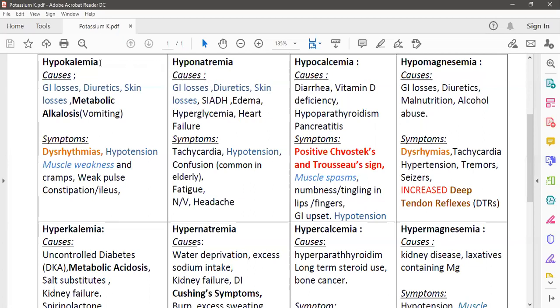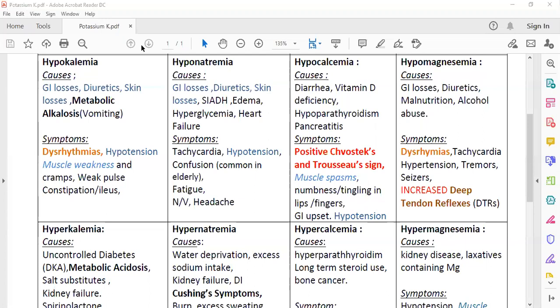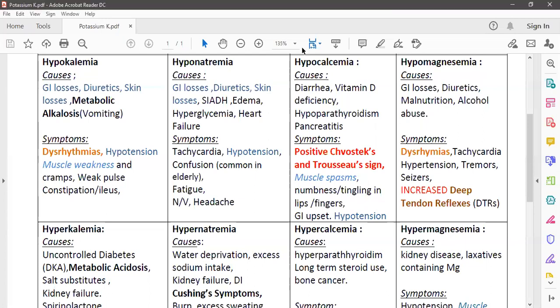If you study different books, some books say heavy perspiration, meaning fluid loss, or use of potassium-wasting diuretics, because some diuretics basically lose potassium.